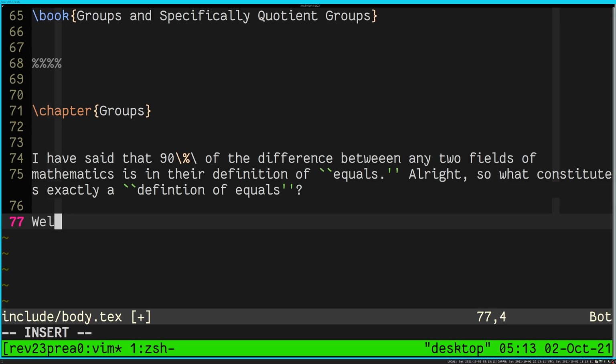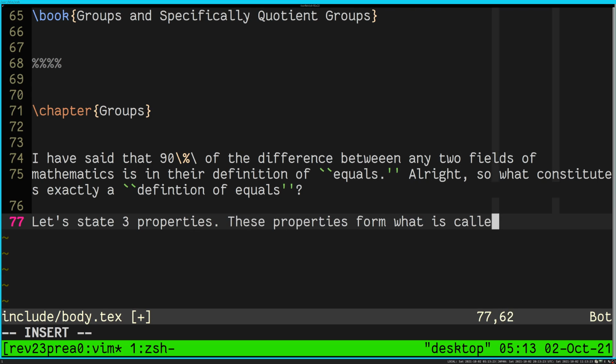Let's state three properties. These properties form what is called a term equivalence relation.